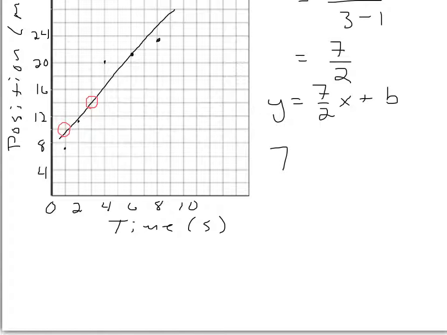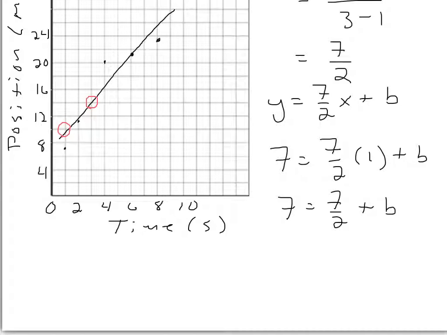So 7 equals 7/2 times 1 plus b. So 7 equals 7/2 plus b. 7/2 is 3.5. If I subtract 3.5 from each side, I get that 3.5 is b.